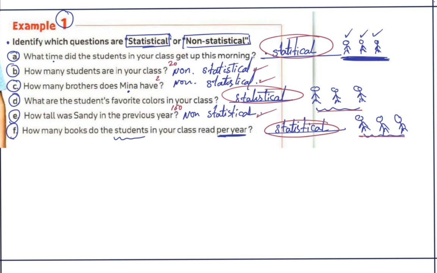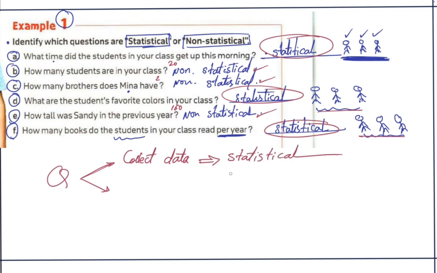That means for any question, quickly, if you need to collect data first before answering, of course it's a statistical question, right? If you need to find the exact answer, that means it's non-statistical.